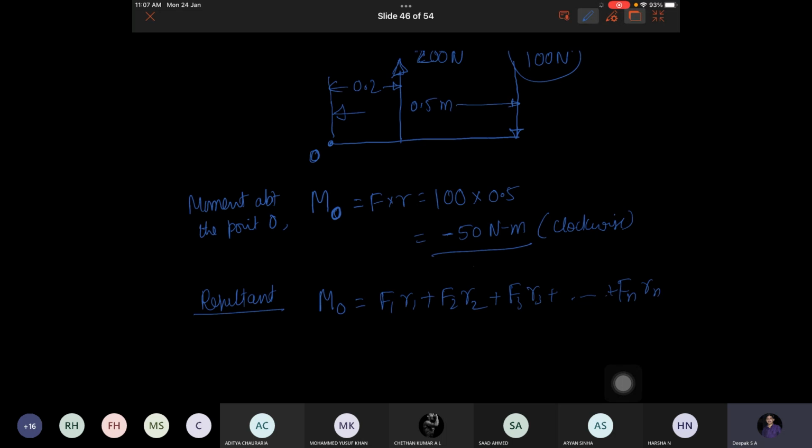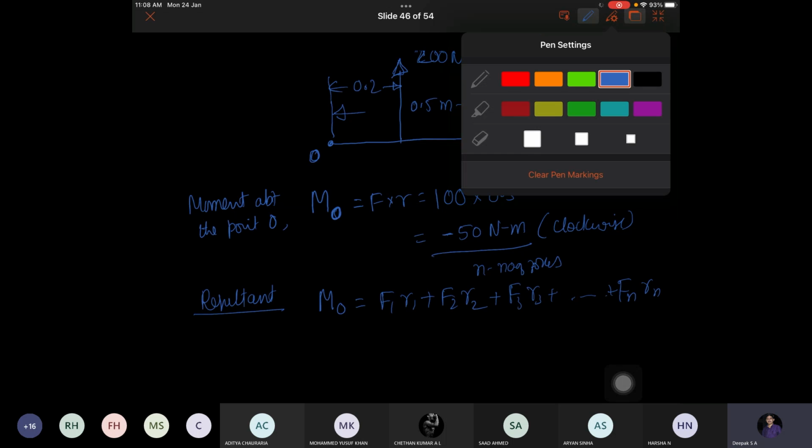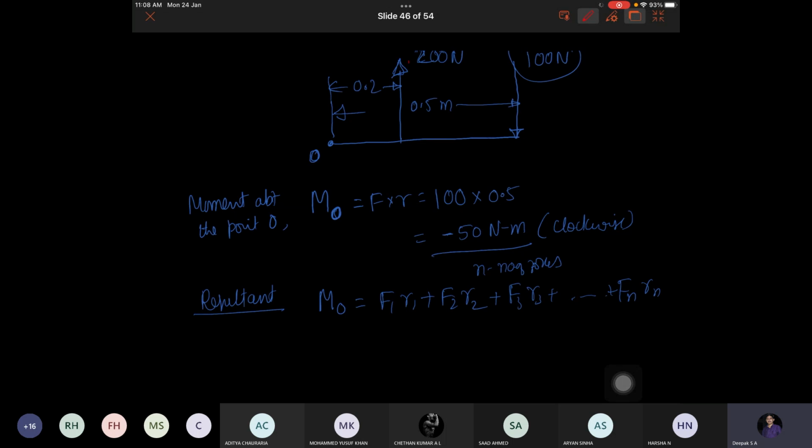But how many forces do we have? This is one force. This is the second force. Correct or not?